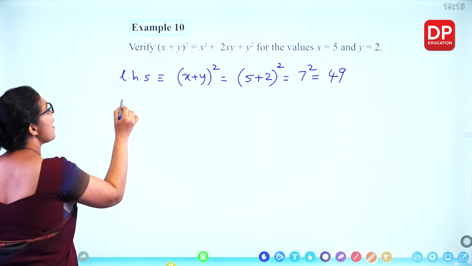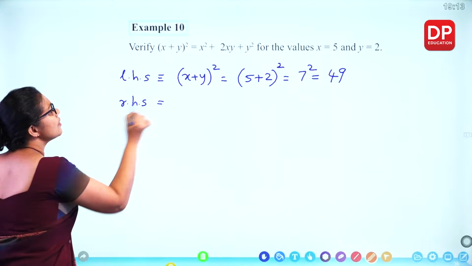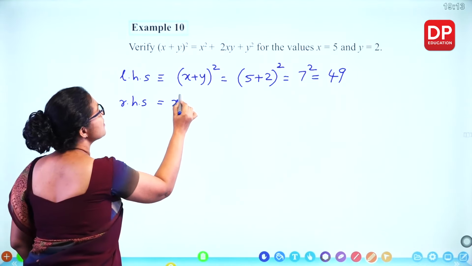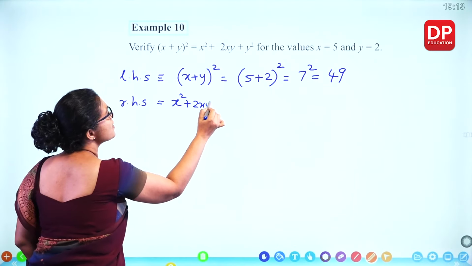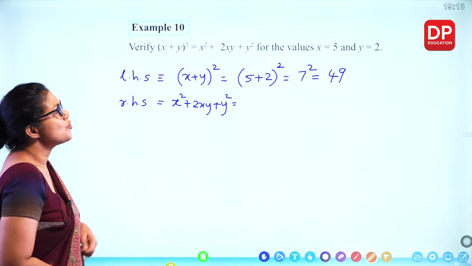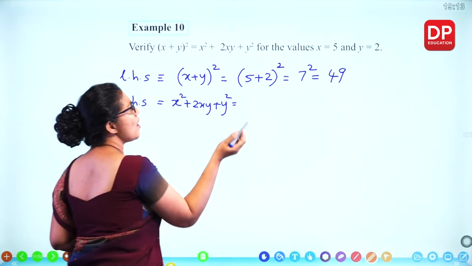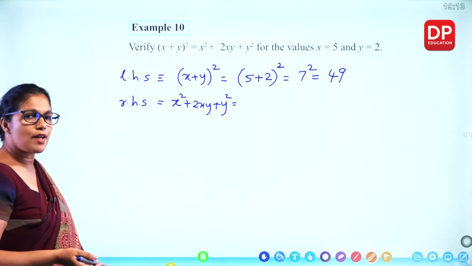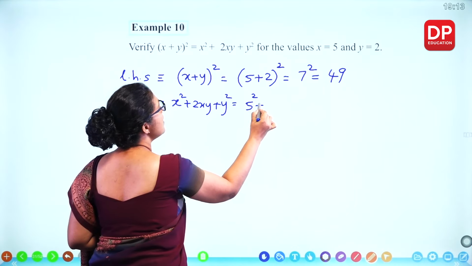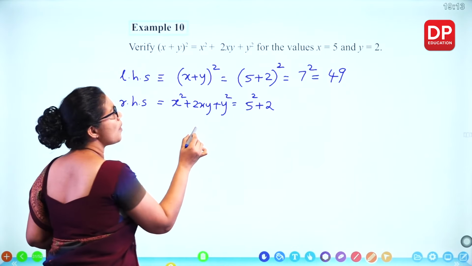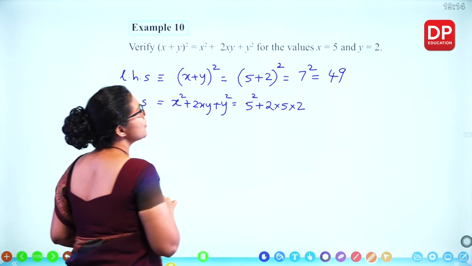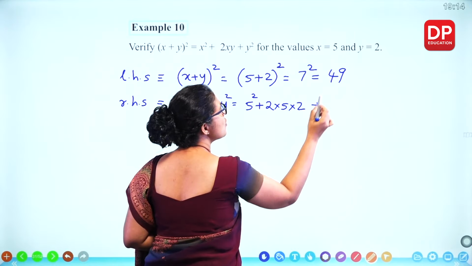So the left hand side is 49. Now we'll see the right hand side. The expression given is x squared plus 2xy plus y squared. How do you find this using the given values? Instead of x you substitute 5, and instead of y you substitute 2. So you can write 5 squared plus 2 times 5 times 2 plus 2 squared.